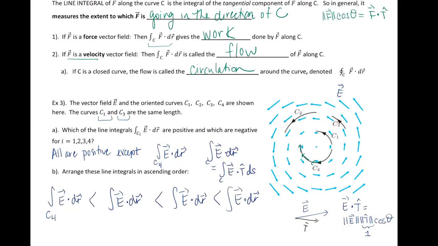The only difference is that C2 is longer. And so when I'm integrating, I'm adding up over this curve, and that's going to end up giving me a larger number because I'm adding up that quantity over a longer curve than here. So using that reasoning, I would expect that the line integral over C2 is going to give me the largest quantity, and then the next largest would be over C3, and then after that, C1 would be the next largest, and then we know over C4 will be negative.